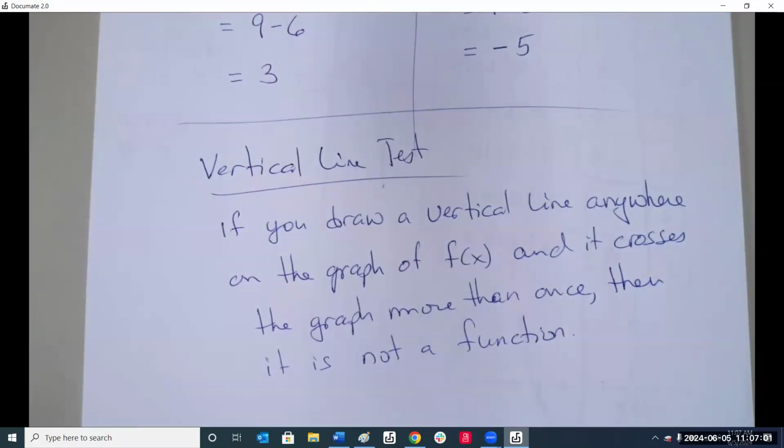If you draw a vertical line anywhere on the graph and it crosses the graph more than once, it's not a function.